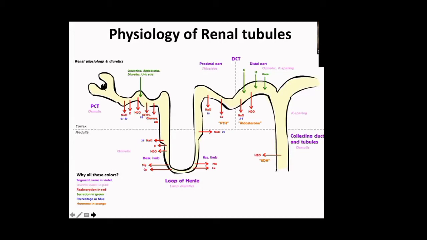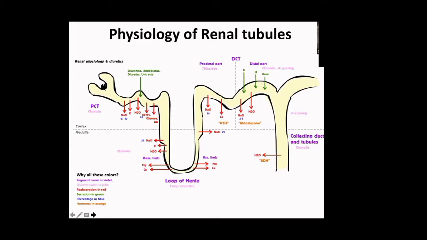So what does the body do? There is the antidiuretic hormone, which inhibits diuresis, so it retains water. ADH acts at the collecting duct and retains water. Just in a nutshell, in the proximal convoluted tubule, sodium and water reabsorption occurs along with glucose and uric acid.